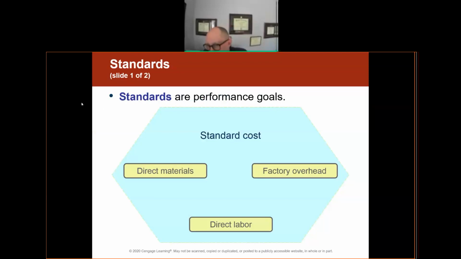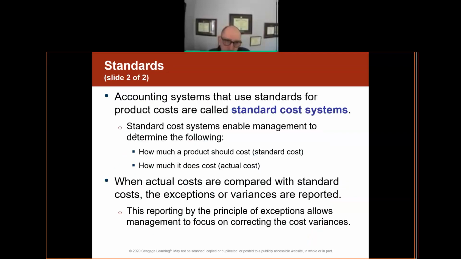So as you recall, standard costs include direct materials, direct labor, and factory overhead. These are the three costs that make up the total cost of a product. We call these standard costs. And these costs can also be identified as being performance goals.